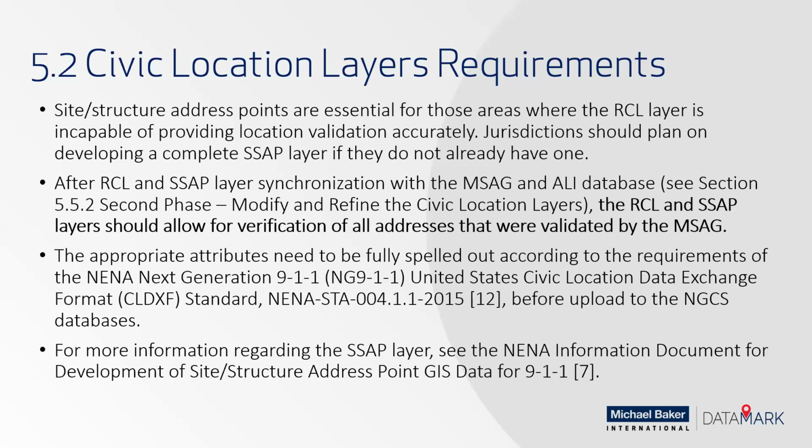If we don't have a specific site structure address point for a civic address, it's going to fall back to the road ranges and the road names of the road centerline layer to find where that location is by geocoding or interpolating against that layer, right?